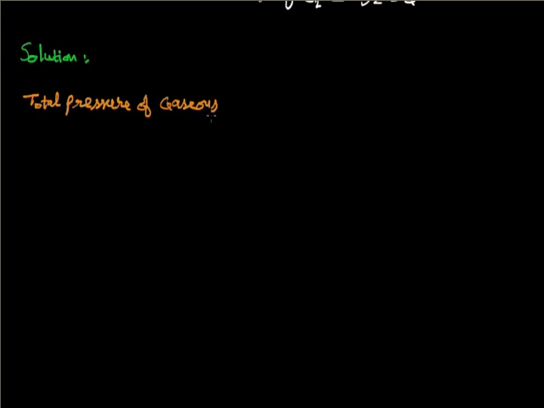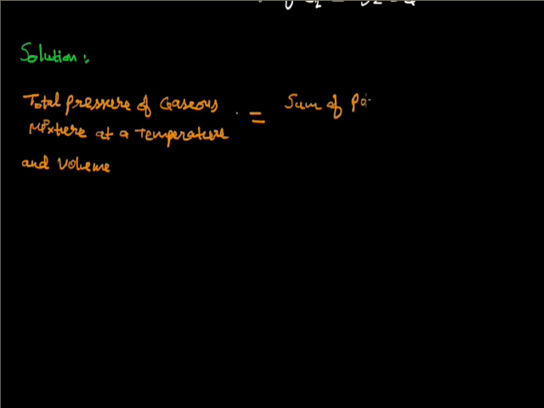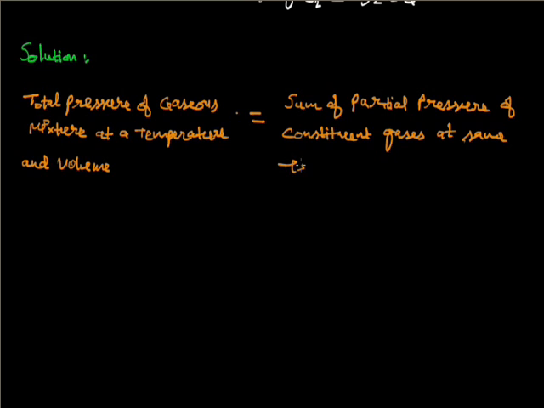Total pressure of a gaseous mixture at a temperature equals the sum of partial pressures of the constituent gases at the same temperature and volume.